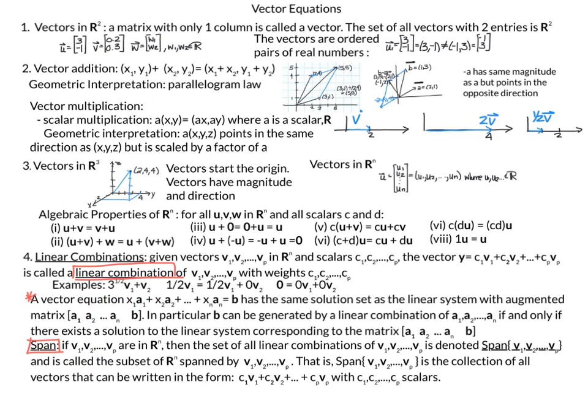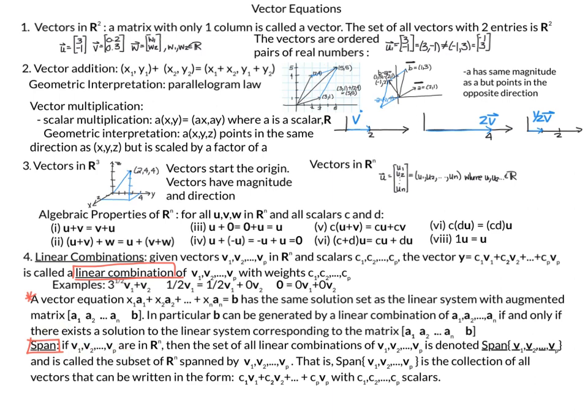The connection is that b is a linear combination of a1, a2, up to an, if and only if there's a solution to the linear system corresponding to this matrix. The last topic we will cover is span.